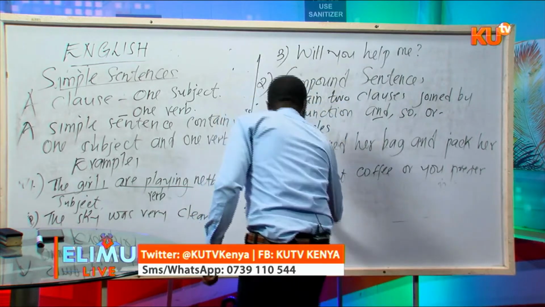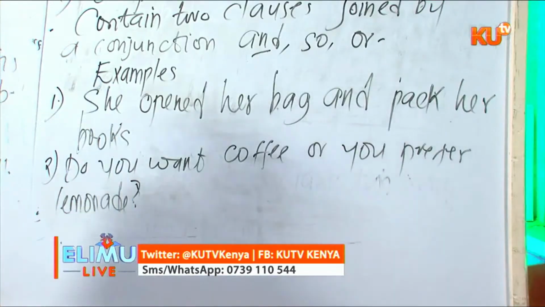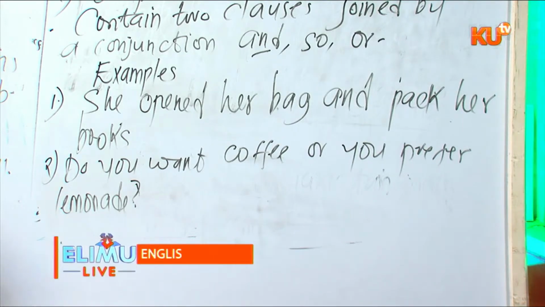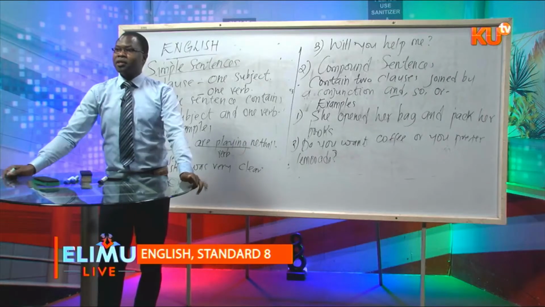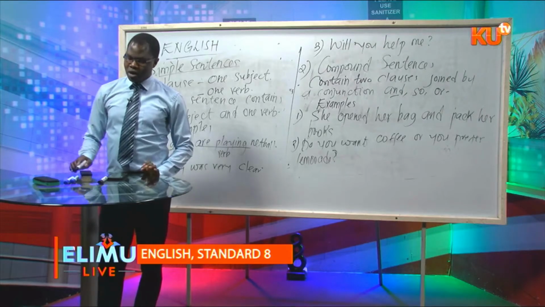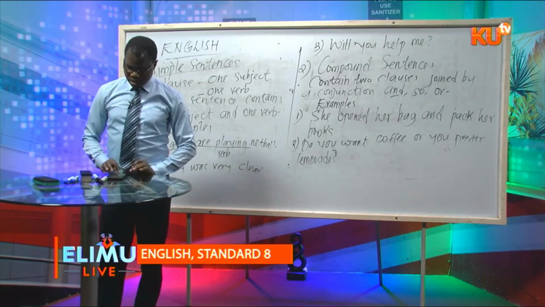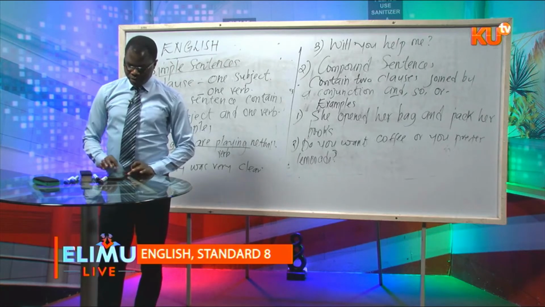It's a question. In this sentence, do you want coffee is the first clause, joined by a conjunction, or, you prefer lemonade. That is an example of a compound sentence.